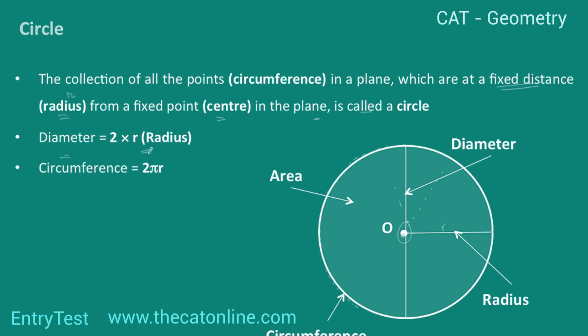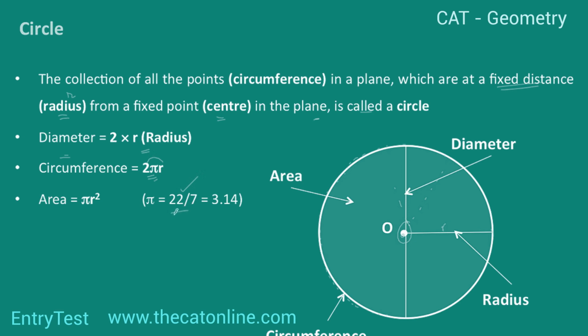If I talk about the circumference, which is the length of the perimeter, it is given by 2 pi r, twice the radius multiplied with pi. Pi is a constant and the value of pi is approximately taken as 3.14 or can be taken as 22 by 7.